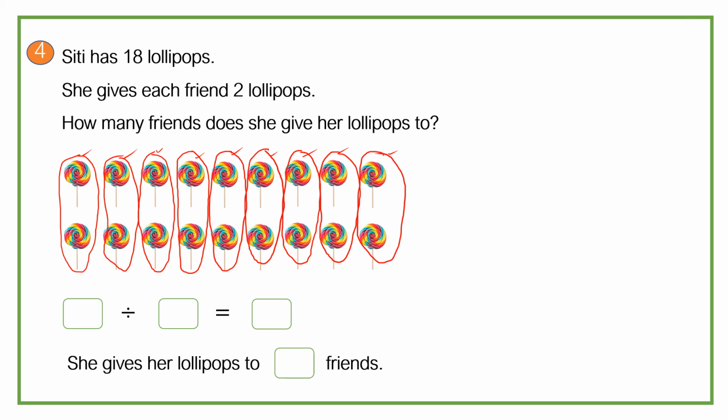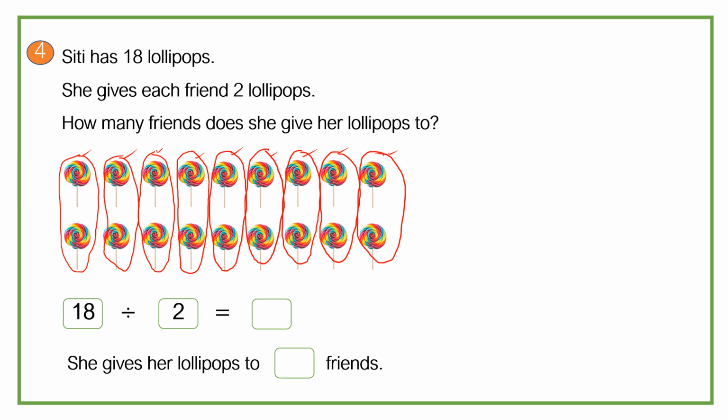So this actually means that we have got to get 18, we divide it by 2. Once we get 18 divided by 2, we will get a number of friends Siti has got to give her lollipops to. So we can see that we have 9 groups.